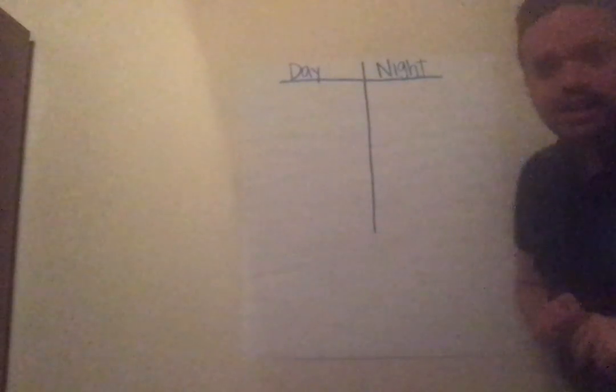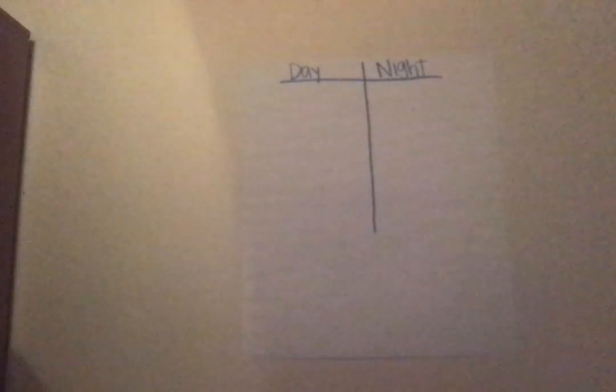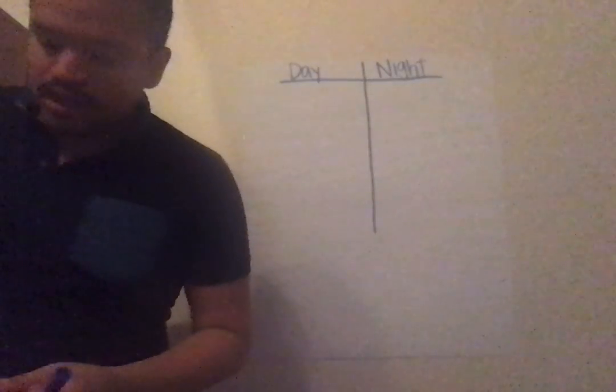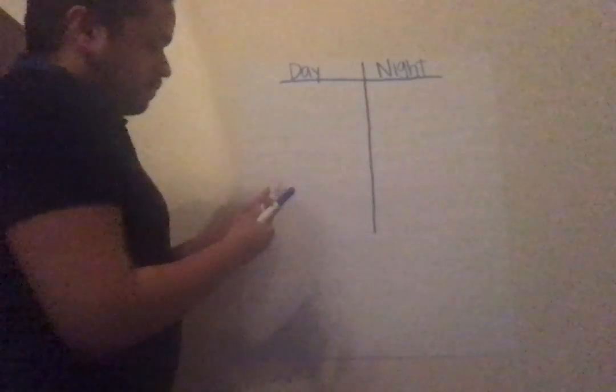Perfect. Day and night. And since I know that y'all are in pre-K and don't know how to read yet, I'm going to draw a little sun by the daytime so that y'all know that says day.